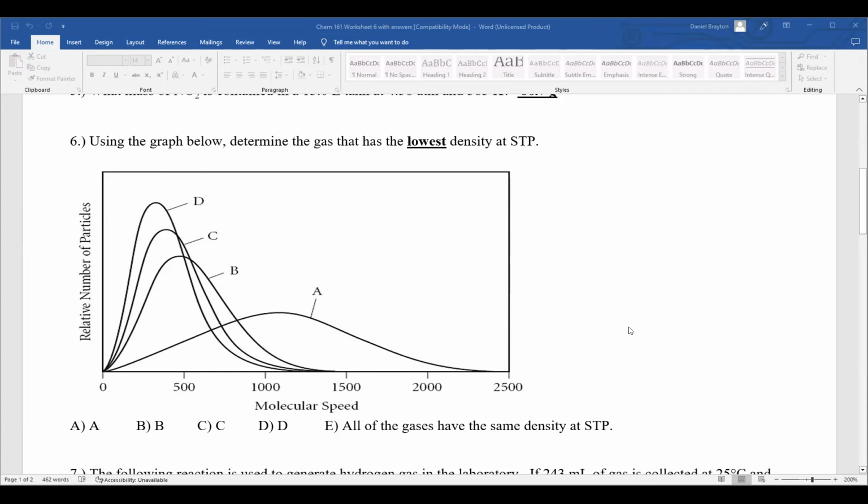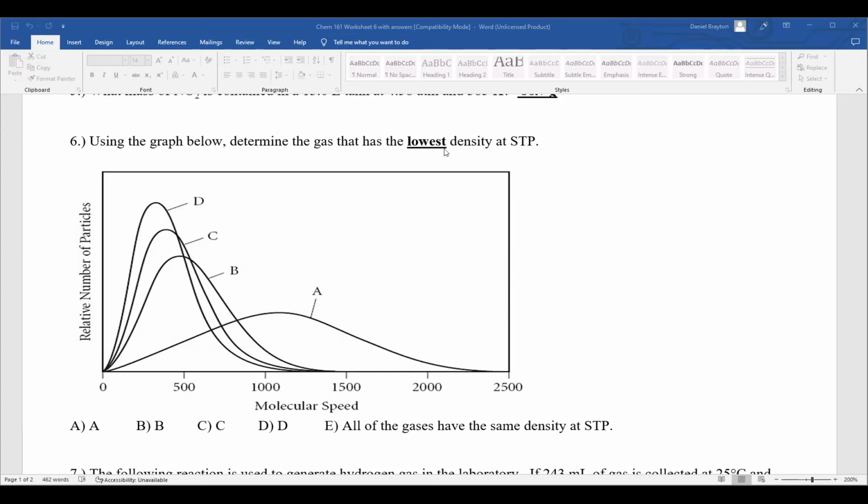6, using the graph below, determine the gas that has the lowest density. So this one is directly taken from any textbook, or it was in our PowerPoint here. And the concept here is the speed that they're moving and the average kinetic energy. So the kinetic energy is the peak, there is the average, but they're not all moving the same, right?